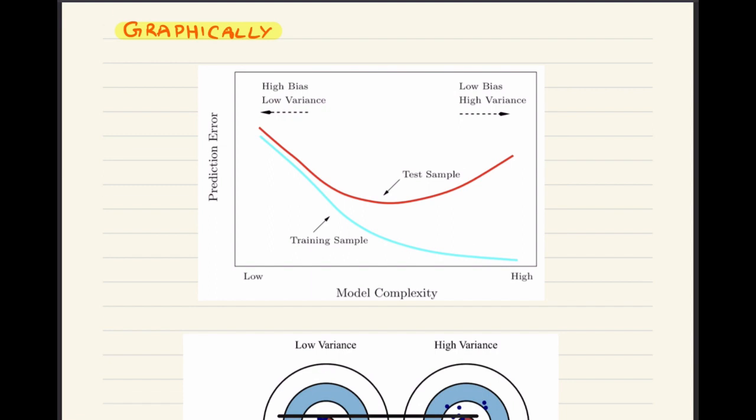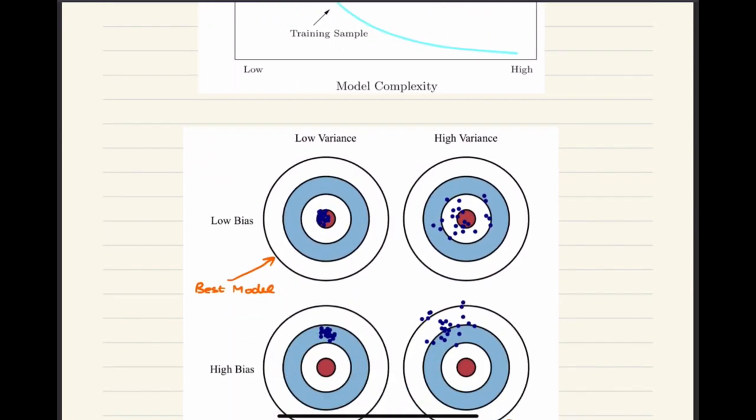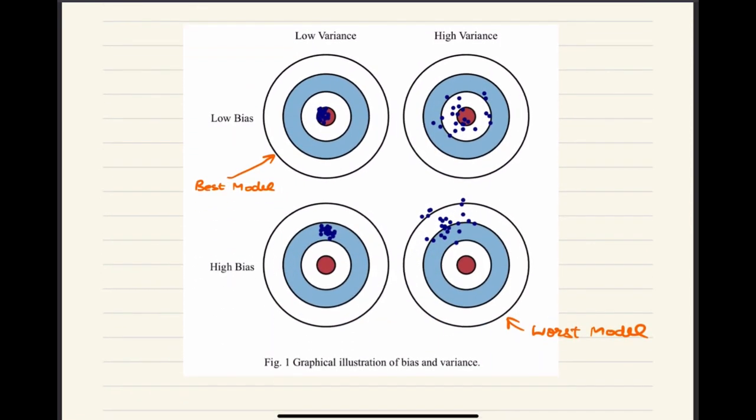Okay. Further, we can explain the trade-off graphically using this diagram. Here the center of this bullseye represents the best model. This particular bullseye represents low bias and low variance because the majority of our models lie within the center of the bullseye.